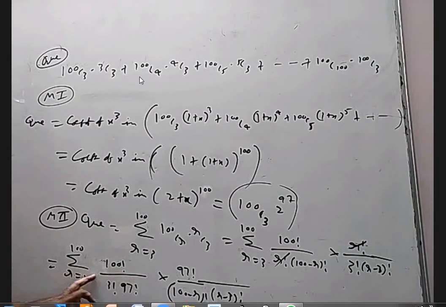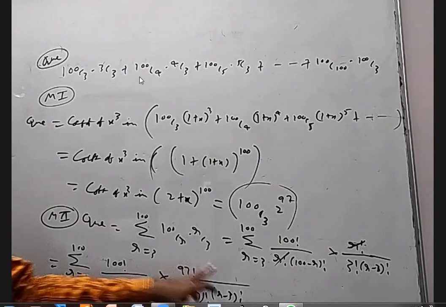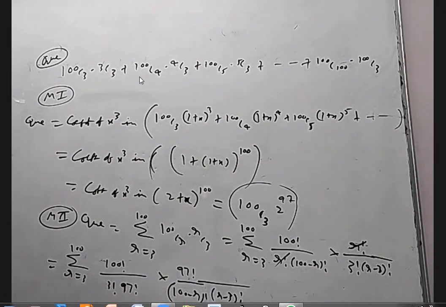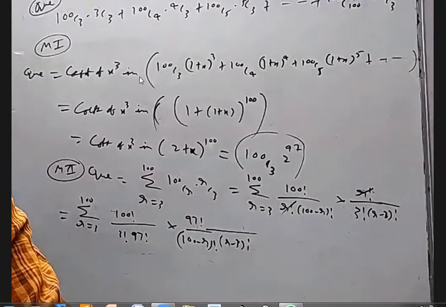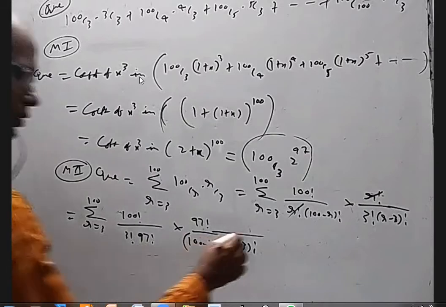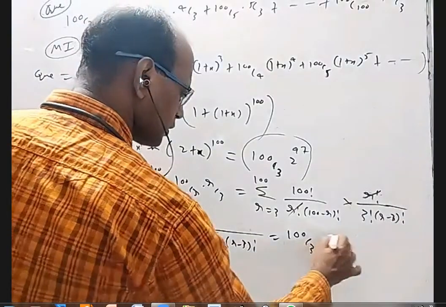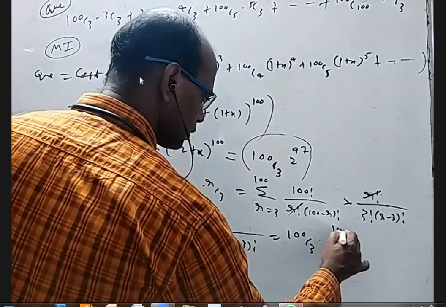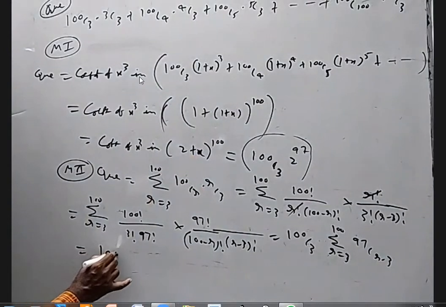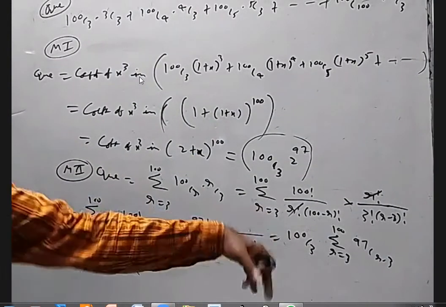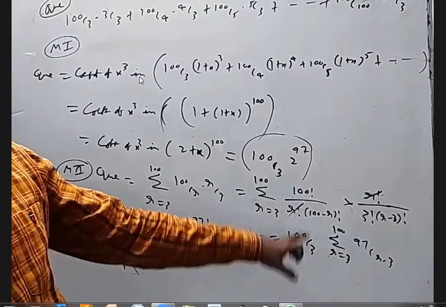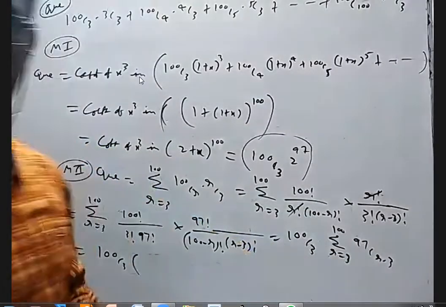What is this? 100 C3. This is a constant, I can take it out. And what is this? This plus this is 97 only. So it is 97 C (R minus 3). So I can write this as 100 C3 sigma R equal to 3 to 100, 97 C (R minus 3). You put R equal to 3, R equal to 4, R equal to 5. Is it the full series of 97? 97 C0 plus 97 C1 plus 97 C2 and so on up to 97 C97. Am I correct? Yes, sir.